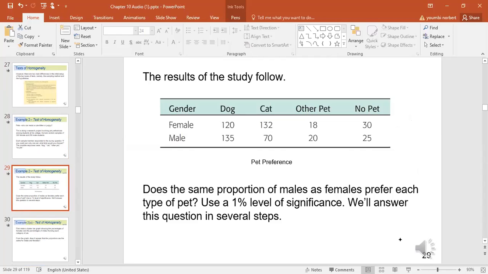So to start, we want to enter these values into the calculator. How many rows do we have? How many columns? 4. So let's get it into our matrix.